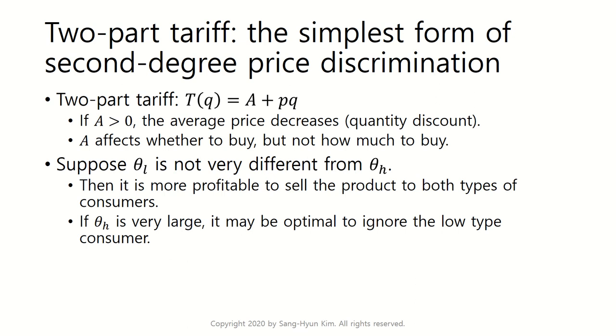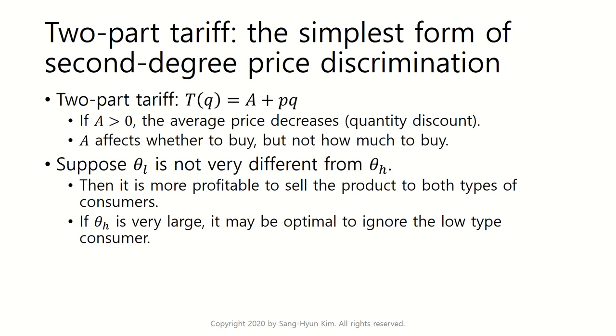So this is the two-part tariff. It is used quite a lot in reality, I think because it's easy to understand. It is the simplest form of nonlinear pricing. Suppose that theta L is not very different from theta H, then it is more profitable to sell the product to both types of consumers.